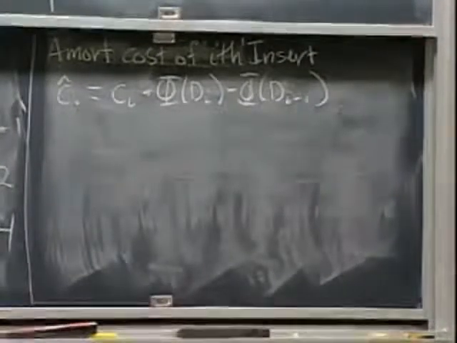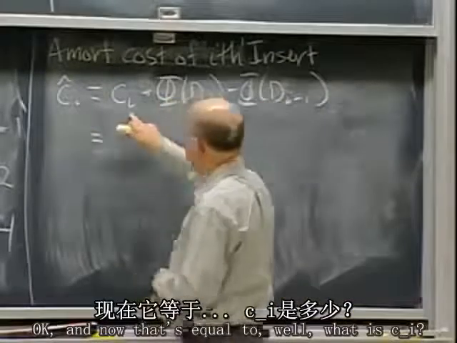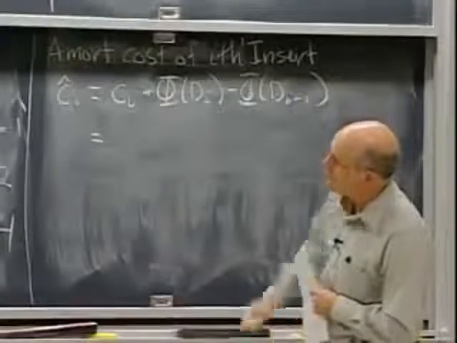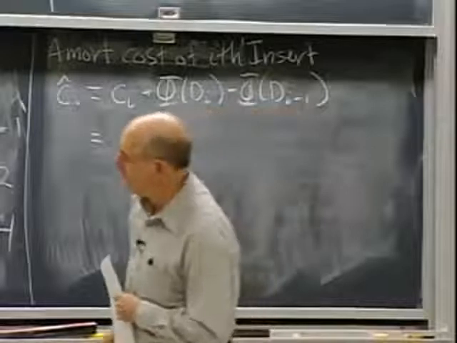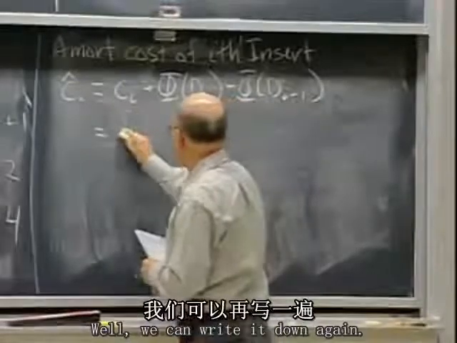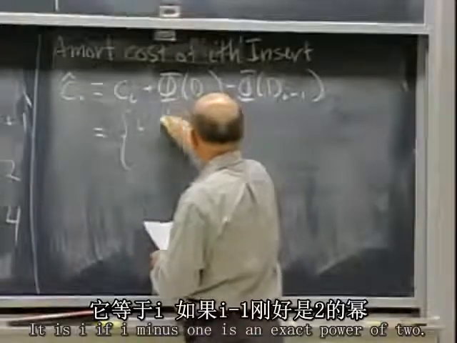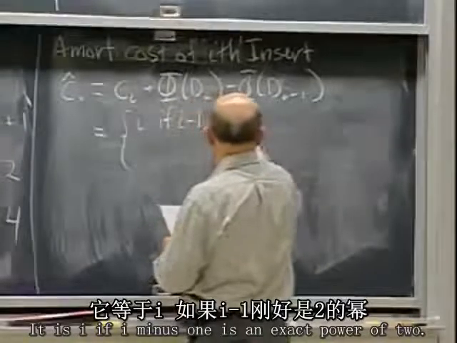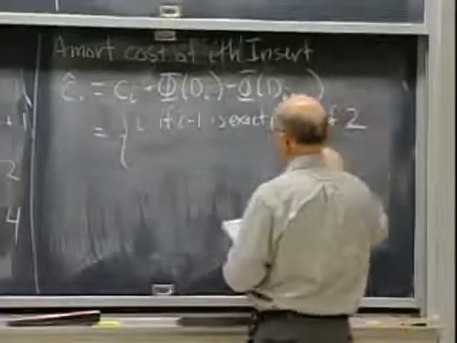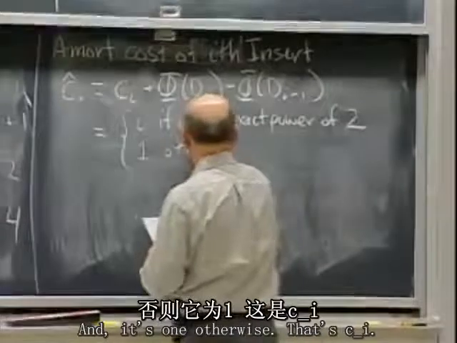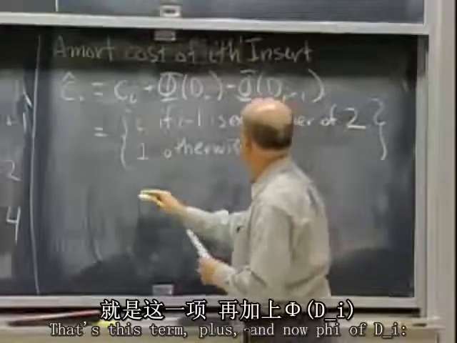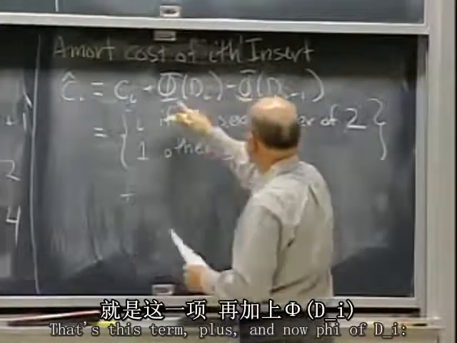Okay. And now that's equal to, well, what is c sub i? Do we still have that written down somewhere, or have we erased that at this point? I think we erased it. Okay. But we can write it down again. It is i if i minus 1 is an exact power of 2, and it's 1 otherwise. That's the c sub i. That's this term. Plus, and now phi of di.